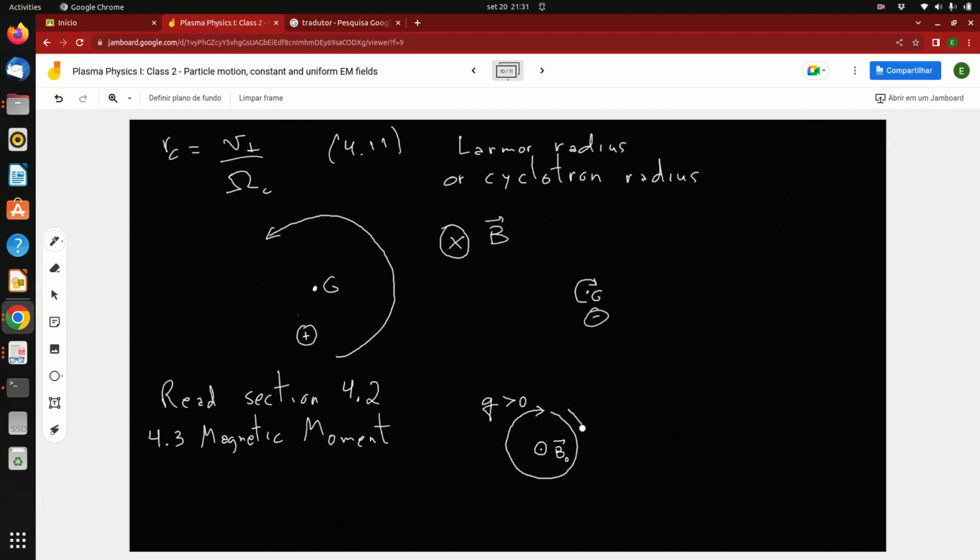The charge goes in this clockwise direction. There is obviously a current here. This charge motion produces a current. Then associated to the current there is an induced magnetic field in the sense opposite to B0 inside the circle.